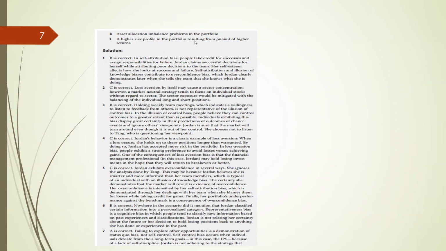Higher risk profile resulting from pursuit of higher returns. Yes. So again, this is an illusion of control kind of thing. So she has kept a higher risk profile and the portfolio is not doing well. Asset allocation is too risky, IPS not revisited.